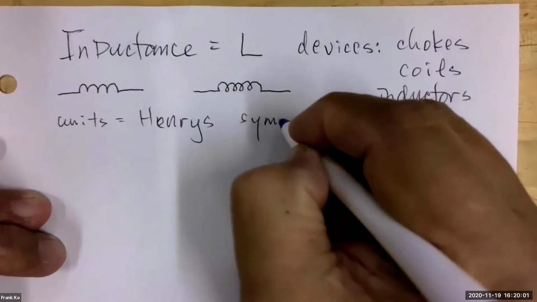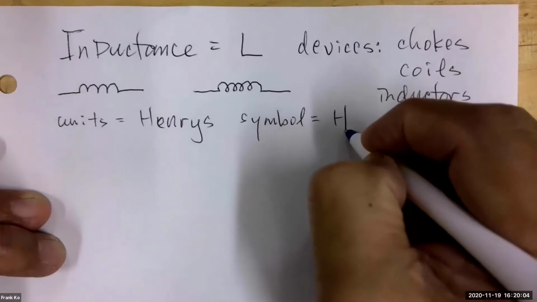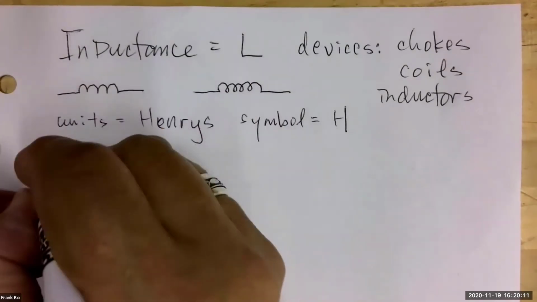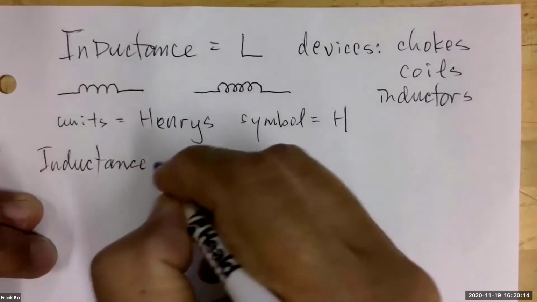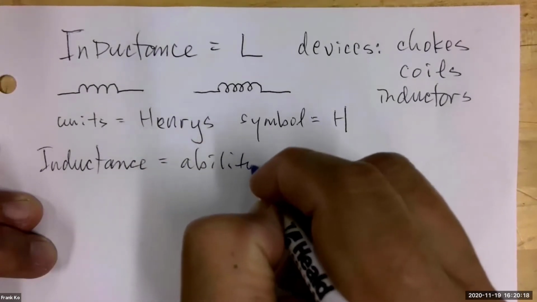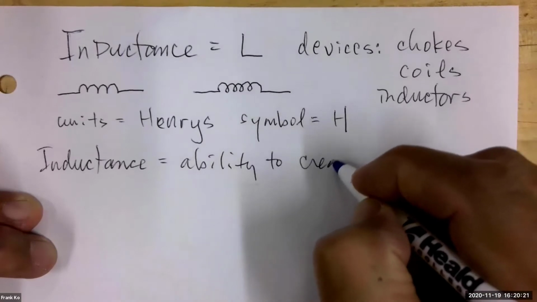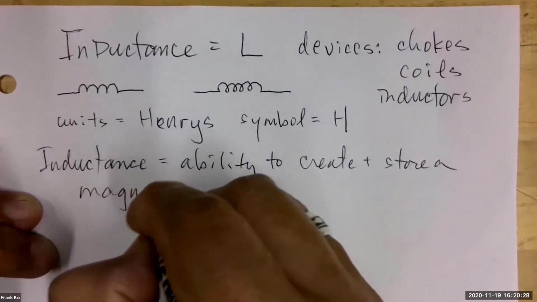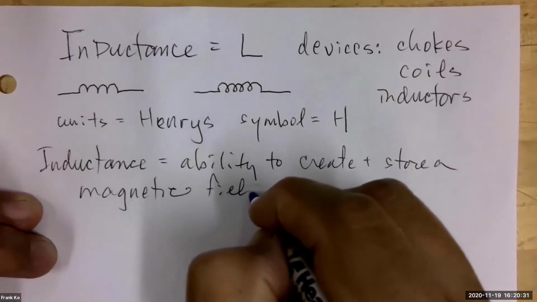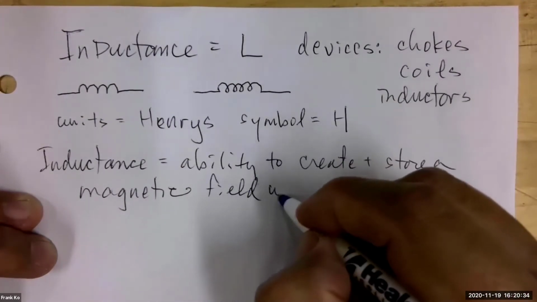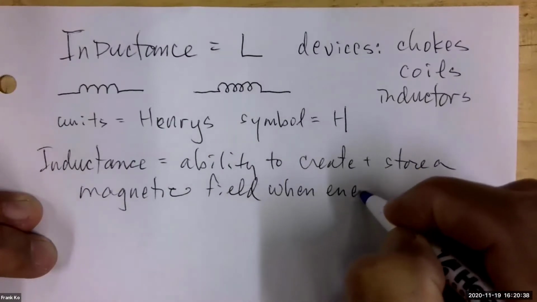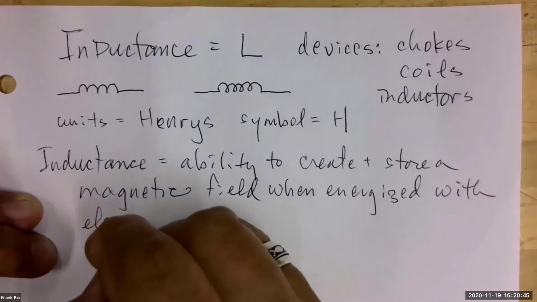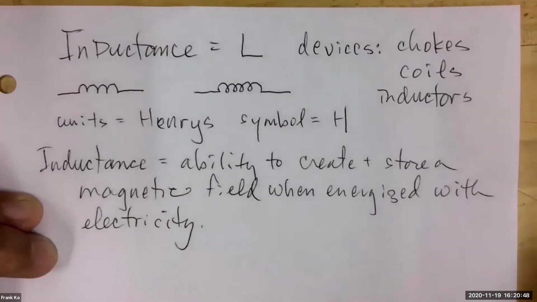And the symbol for henries is a capital H. Capital H. Now, the characteristic of inductance is the ability to create and store a magnetic field when energized with electricity. That's the property of inductance.